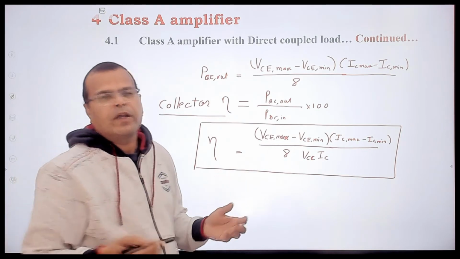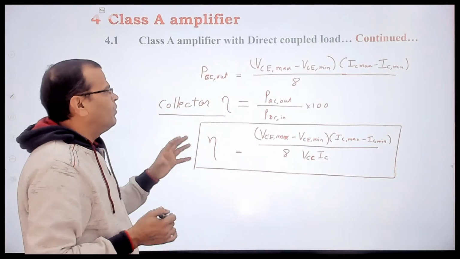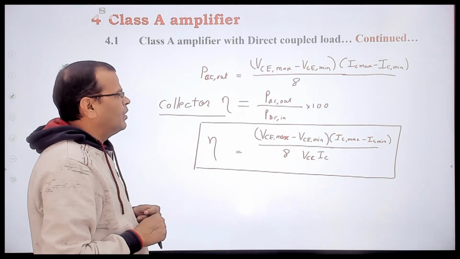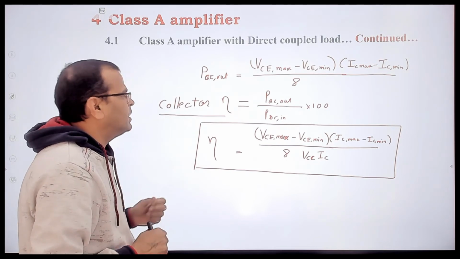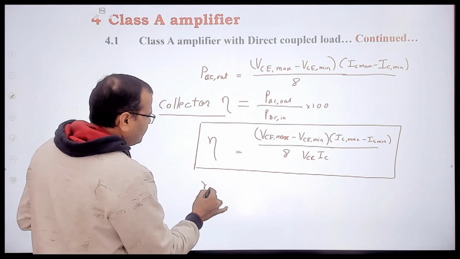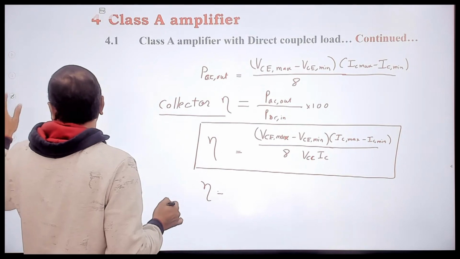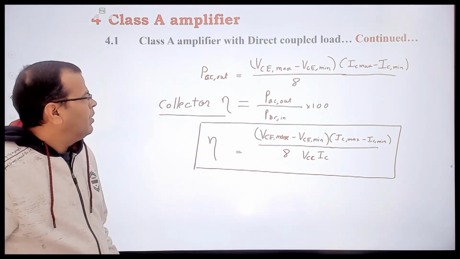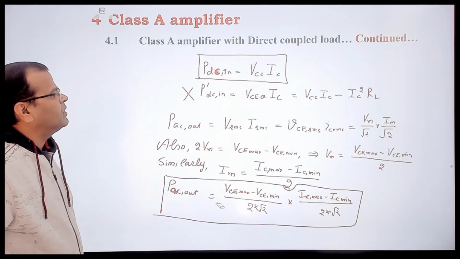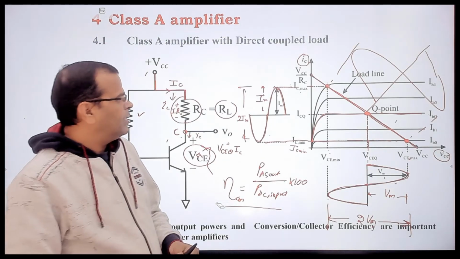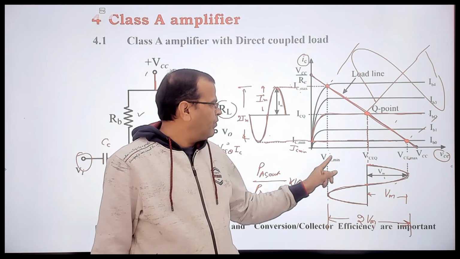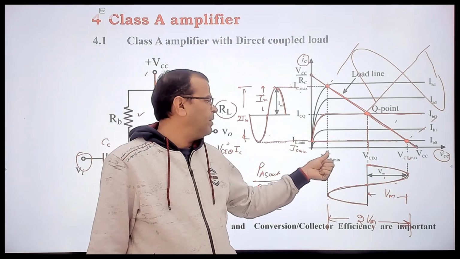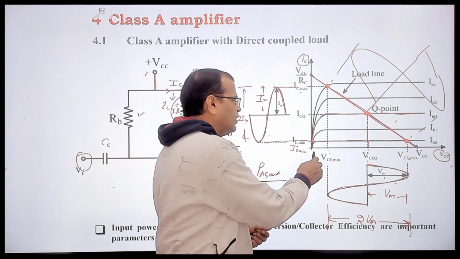So you may have numericals on that, but we can further simplify it. How can we simplify? Please see the efficiency. This is our assumption. If you go back to the diagram we discussed, what is the possible minimum value of V_CE? That is 0.